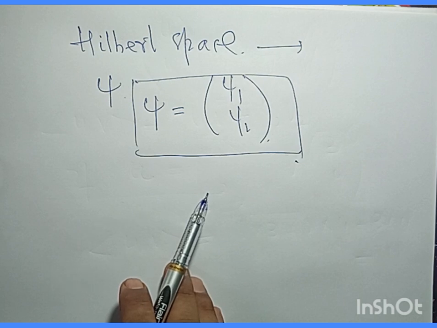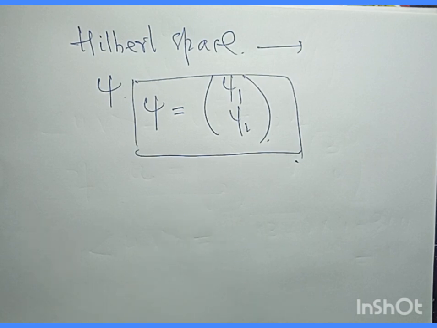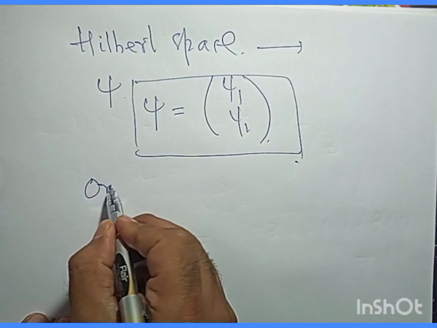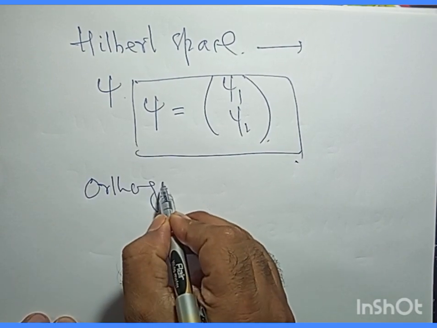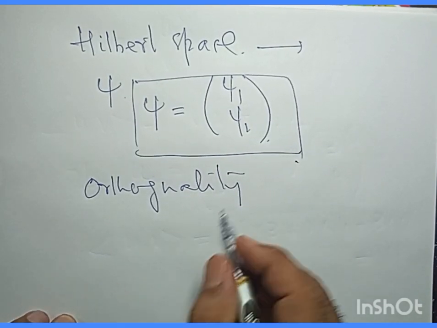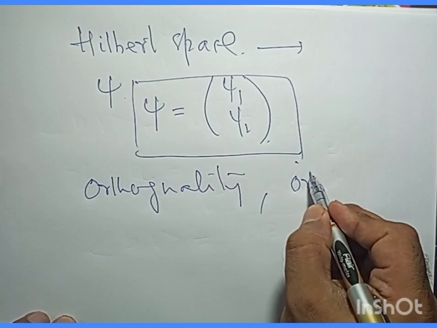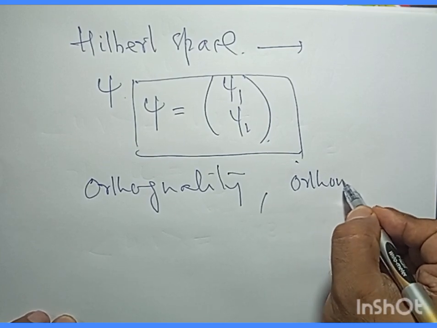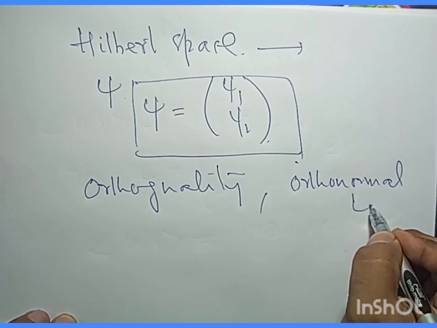Now, we have another important property of Hilbert space, and that is orthogonality, and at the same time we have the orthonormal basis.